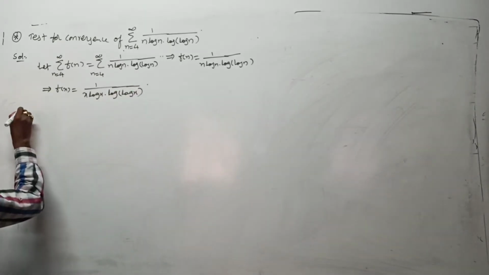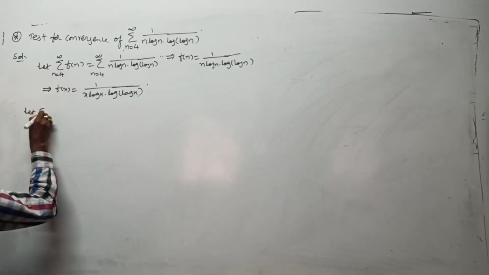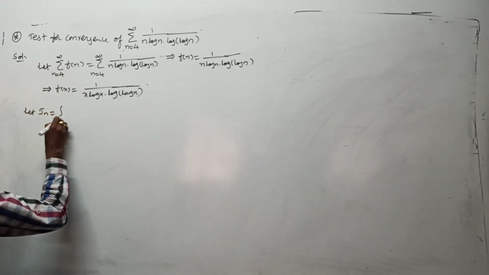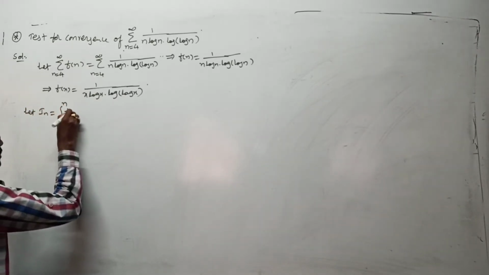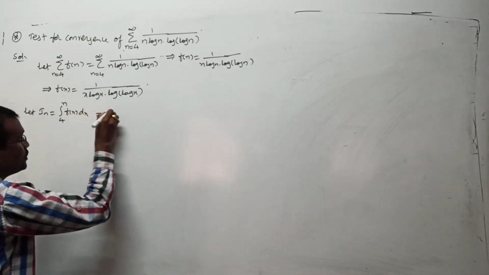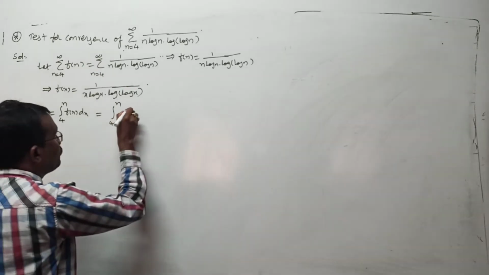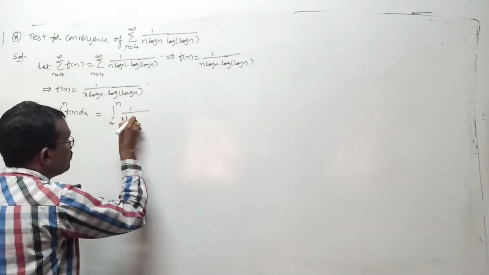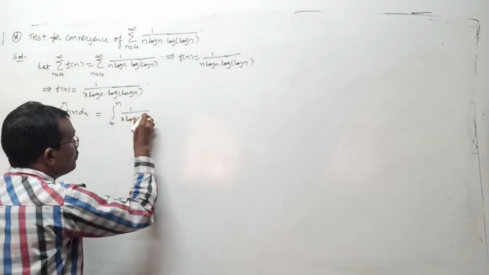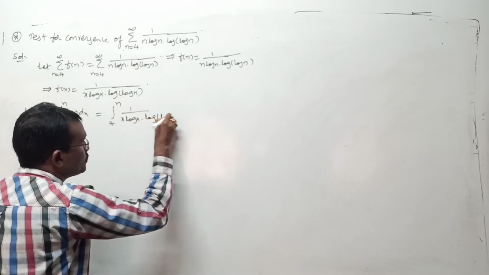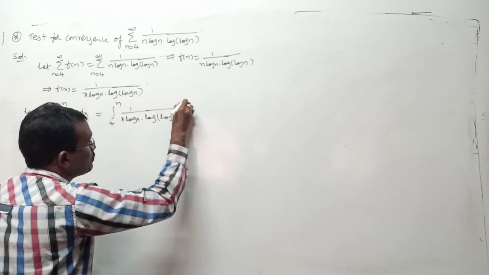Now let I_n be equal to integral 4 to n f of x dx. This is integral 4 to n of what? 1 by x into log x into log of log x dx.